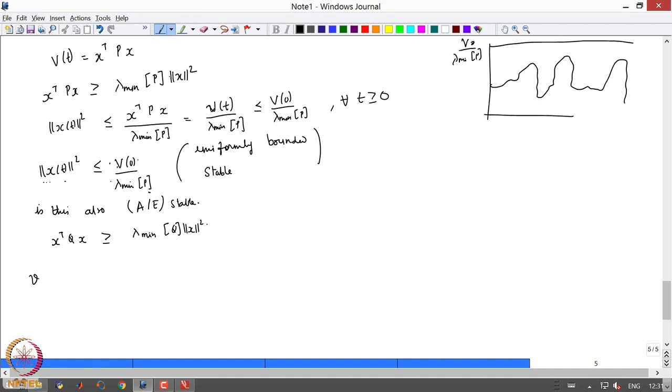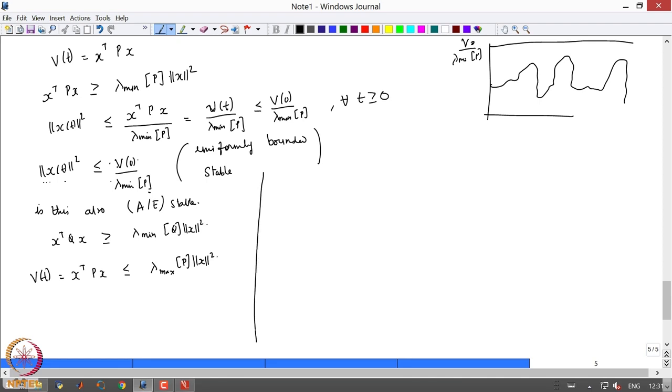And this V of t, which is X transpose Px, is always upper bounded by lambda max of P times x square. Okay.